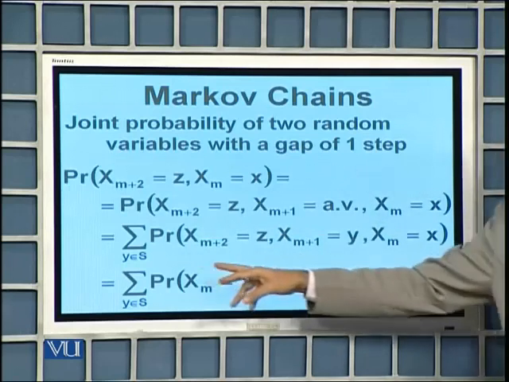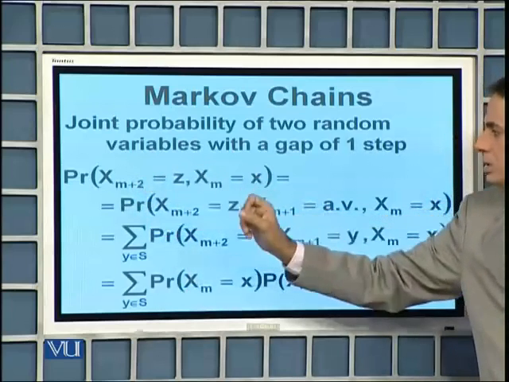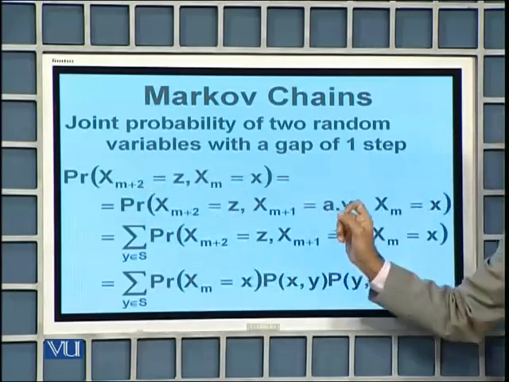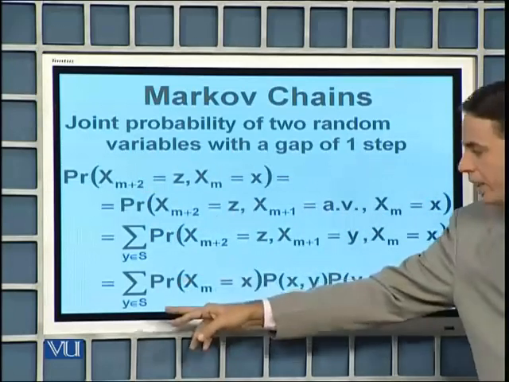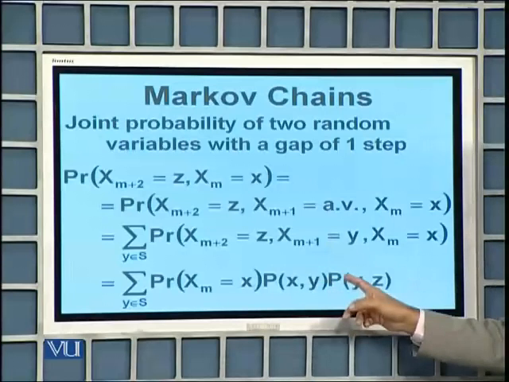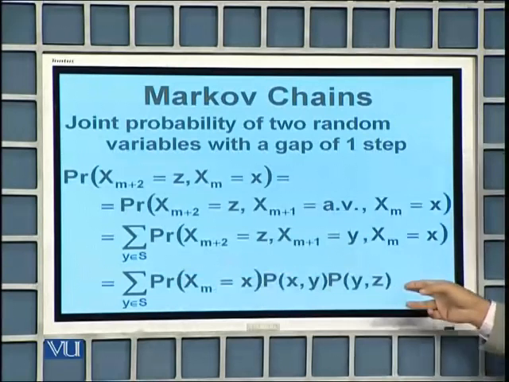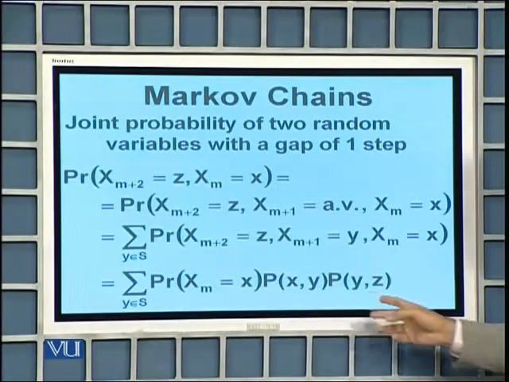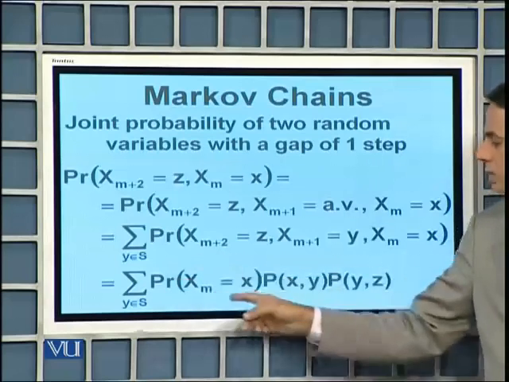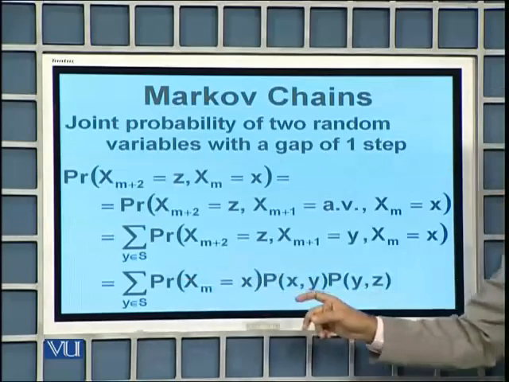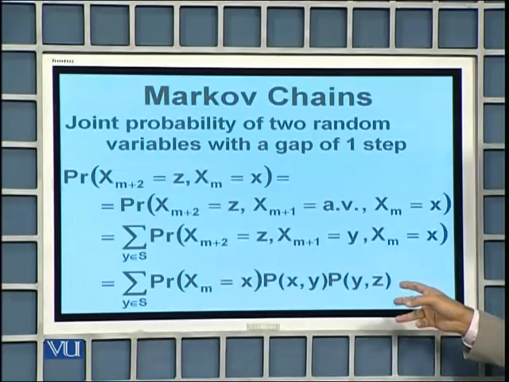So the probability of Xm+2 being equal to z and Xm being equal to x is the summation over all possible values of y that the middle random variable takes of this expression. Please note that the last expression consists of three things: the probability of the random variable with lowest index m, and then transition probabilities from x to y and y to z.